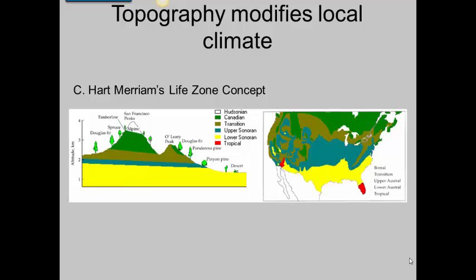C. Hart Merriam and Humboldt were really interested in looking at the distribution of plants along elevational gradients and also latitudinal gradients.